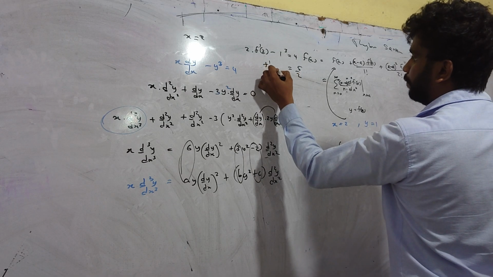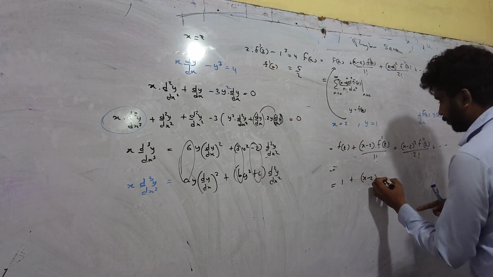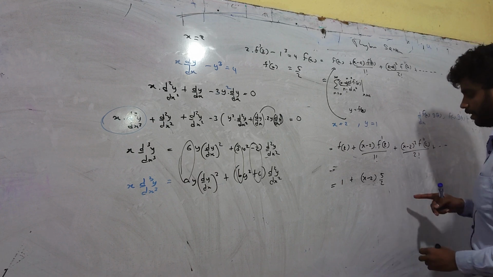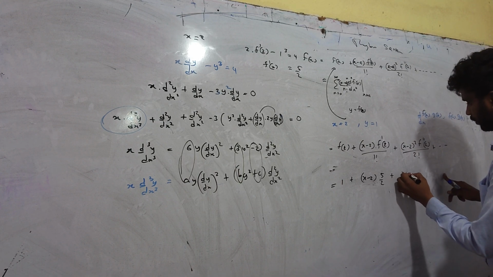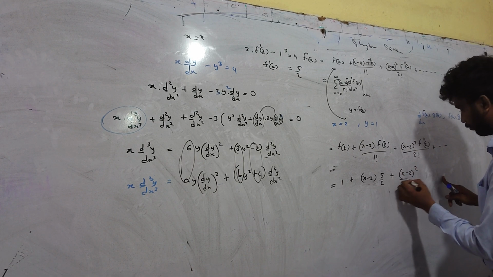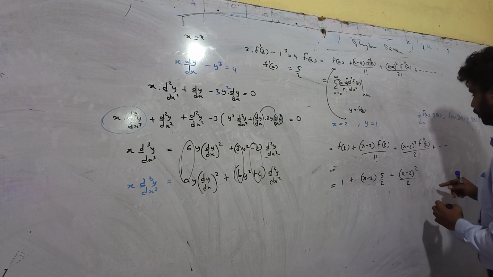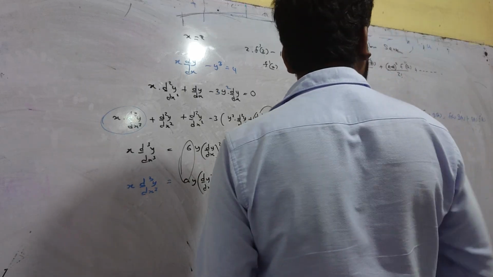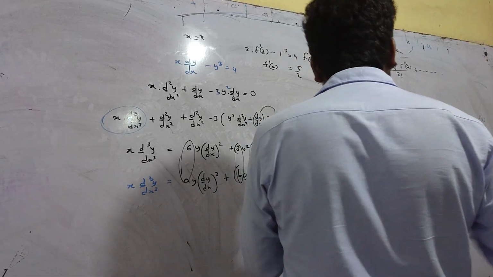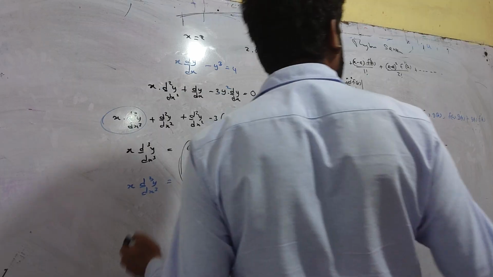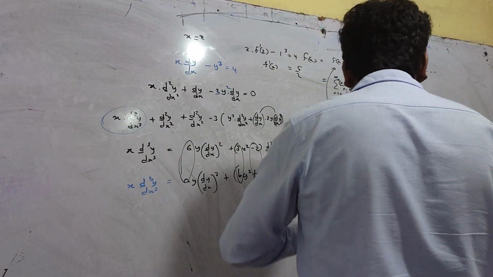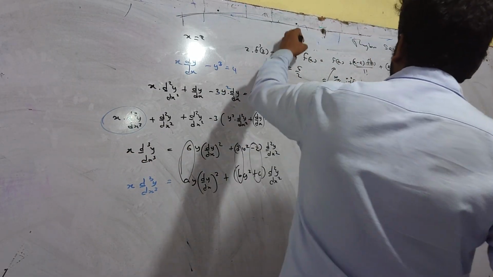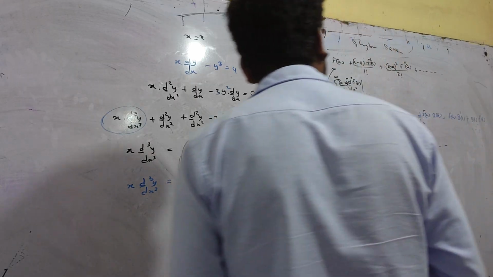And the next term, x minus 2 squared over factorial 2. It goes up to infinity; this is an infinite series, and only then can it coincide with the exact f of x, otherwise it's an approximation.